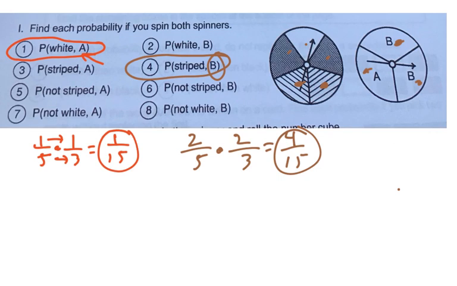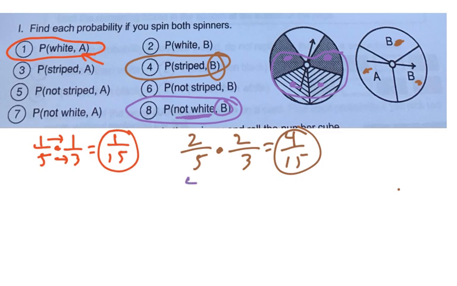One more here. How about the probability of not white and getting a B? Well, when I look at my first spinner, I see that we have 2 dark or shaded ones, right? And we have 2 striped ones. These 4, of course, are not white.